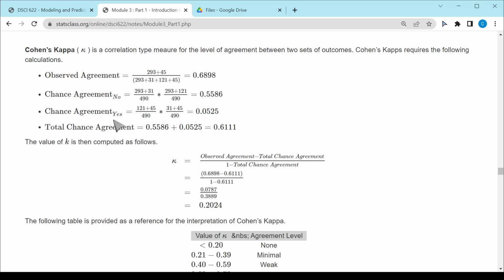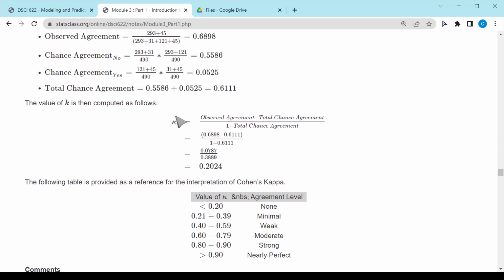There are some calculations involved with that chance agreement. The Cohen's Kappa turns out to be about 0.20. This is a correlation type measure, so it's between -1 and 1. The closer you are to 0, the less agreement you have. The closer you are to 1, the more agreement you have. So 0.2 here is pretty small.